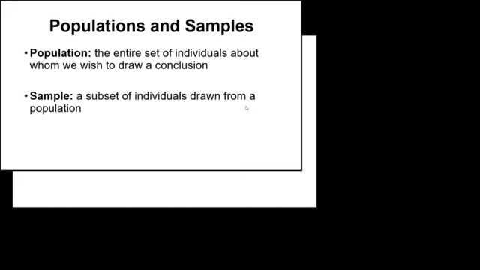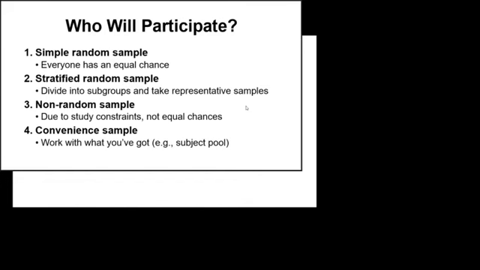And so when we're looking for these representative samples from the population, there's a bunch of different ways that we can choose those participants. And so we're going to talk about a couple of the most common ways to sample, and some of them are better than others. So the first of these is simple random sampling. And this is one of the most desirable ways to do it.